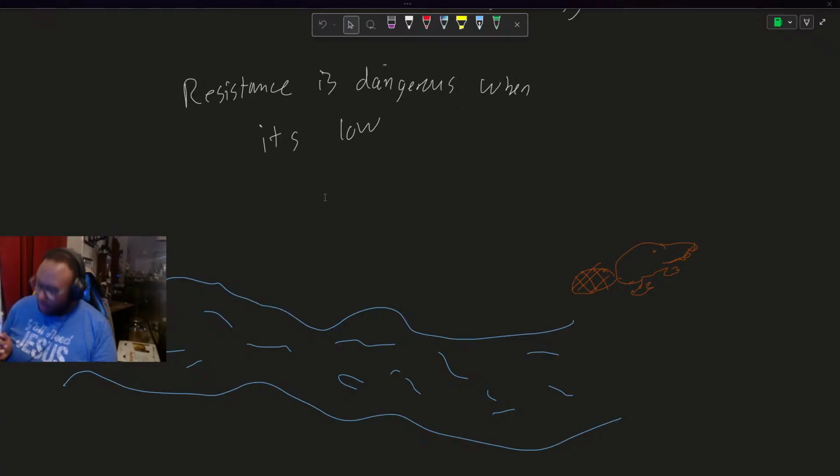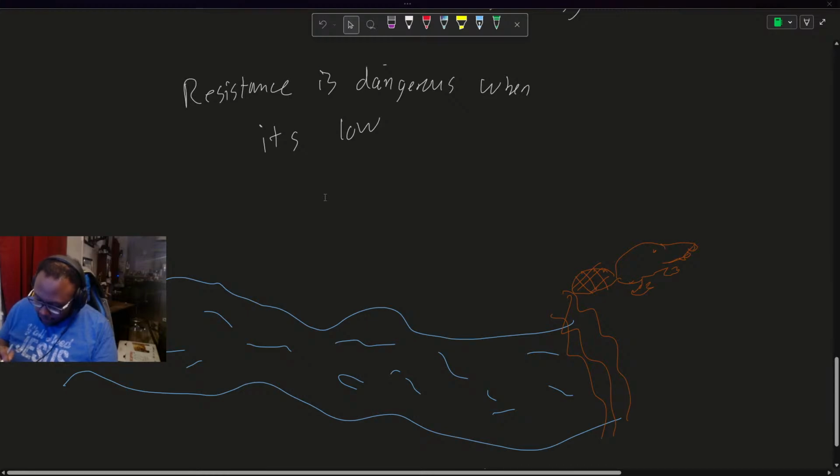And he builds a dam. And so now this river has basically stalled. Instead of the river flowing, we basically just have a stalled river.